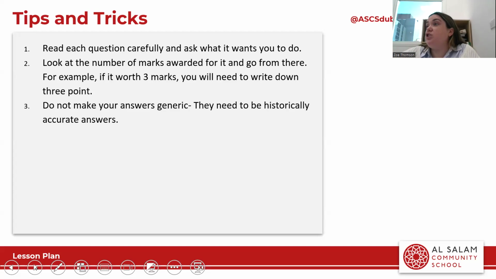And one thing I've noticed, Year 8, especially last year in Year 7, for some of you that I did teach, and with our formative assessments, I do not want any generic answers. They need to be historically accurate answers. So if I'm asking you, what was a reason for the slave trade? If things are written down like, because people were mean, you know what, you're right.